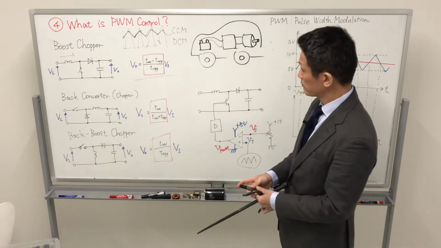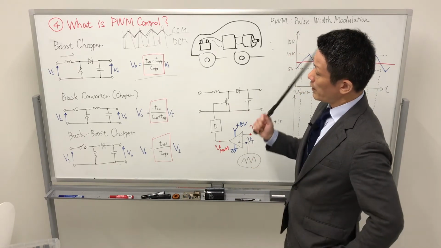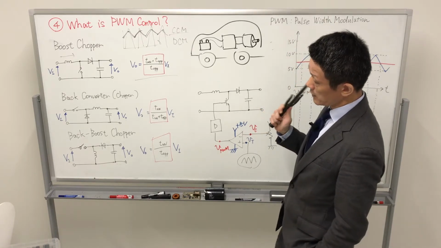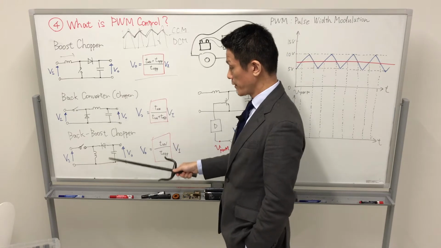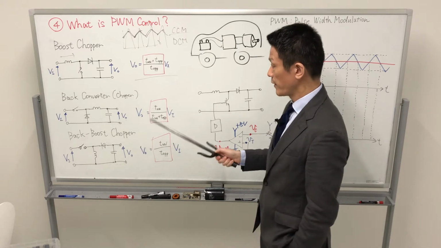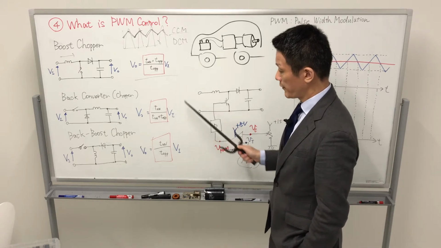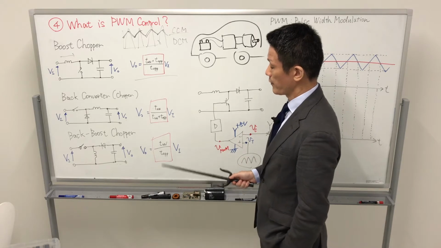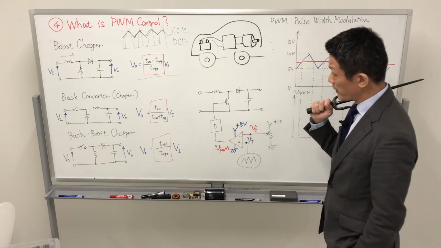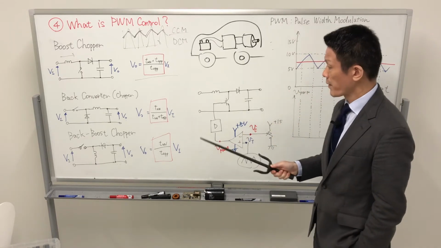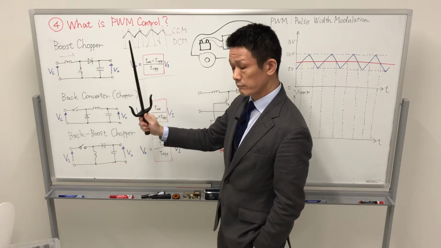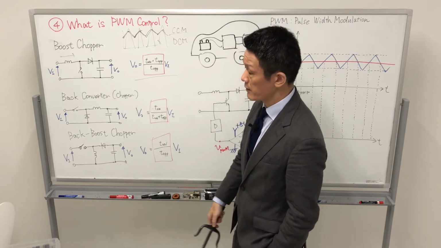In your power electronics textbook, usually only this converter is discussed, and the equivalent circuit is shown in the figure, and this principle is right. You can easily discover that discussion, but the essence of the chopper is how to drive this power semiconductor device.